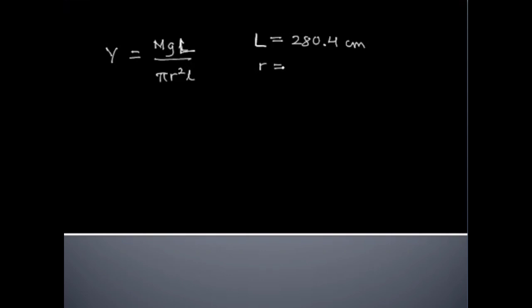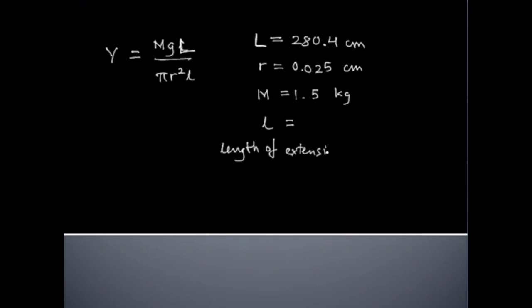The radius of the wire is equal to 0.025 centimeter. m equals 1.5 kg, and small l, that is the length of extension, equals 0.254 centimeters.